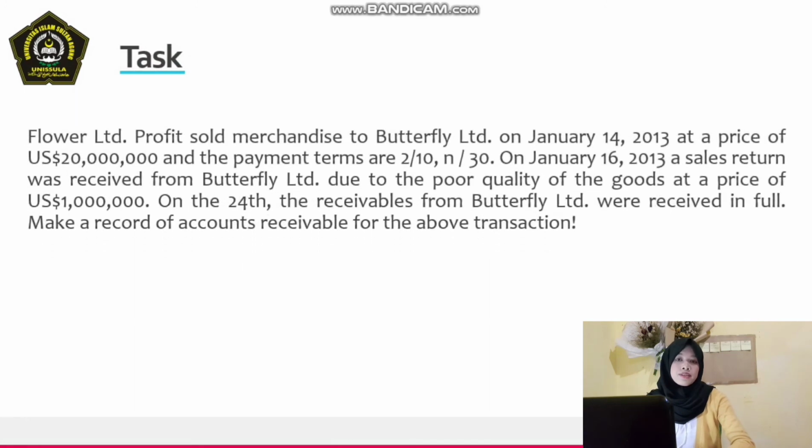After we learn about account receivable, let's do the test. Flower Ltd. sold merchandise to Butterfly Ltd. on January 14, 2013 at price of $20 million and the payment terms are 2/10, n/30.